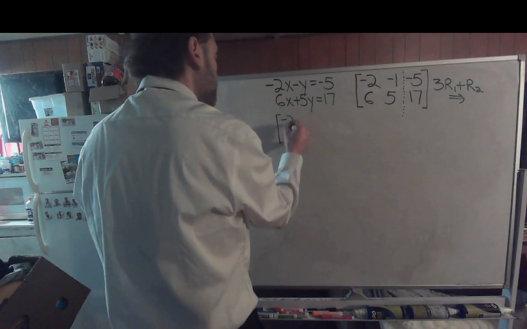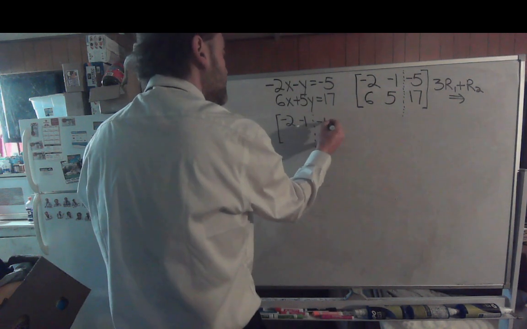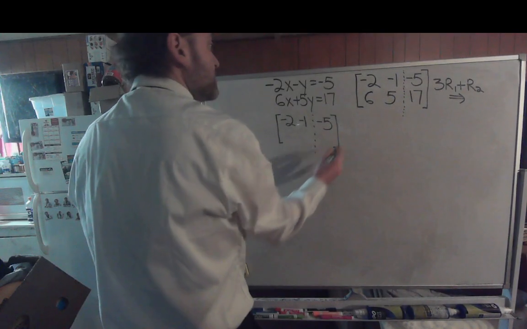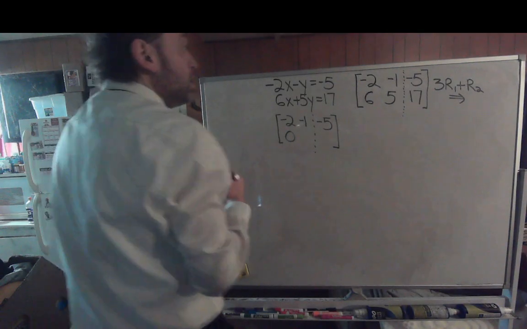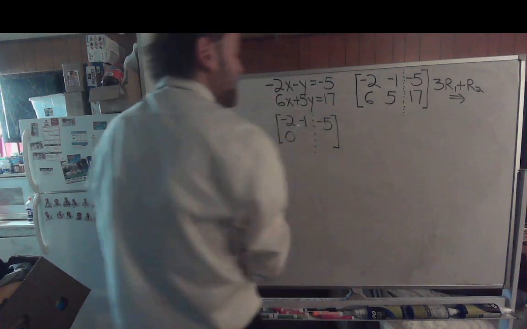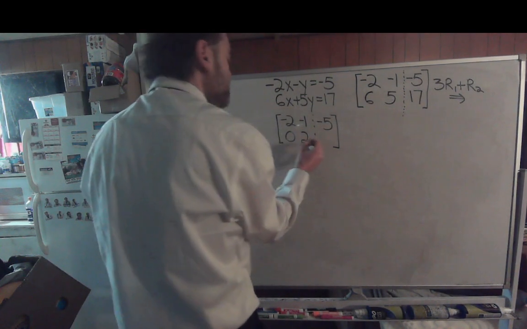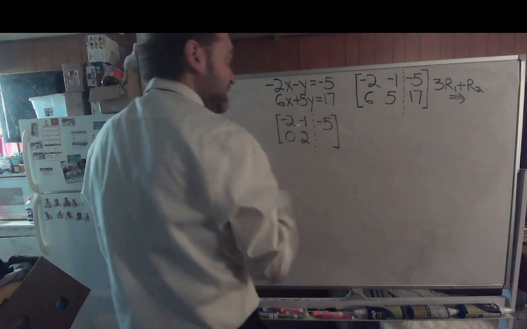Let me leave row 1 alone here real quick. I forgot to write in row 1. We're not affecting row 1 just yet, but yes, -6 plus 6 is 0. So 3 times -1 is -3, plus 5 would be +2. And then 3 times -5 is -15, plus 17 would also be 2.